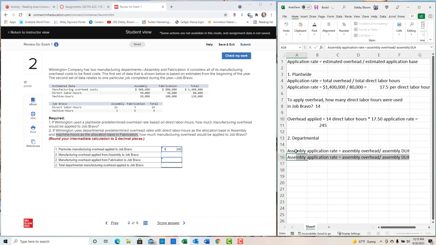So our assembly application rate, looking once again down that assembly column, is $600,000 divided by 50,000 direct labor hours. Doing that calculation, 600,000 divided by 50,000 gives us $12 per direct labor hour.